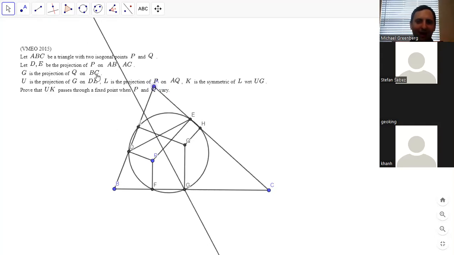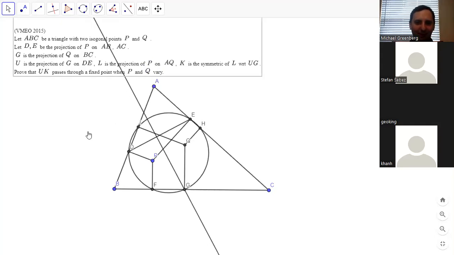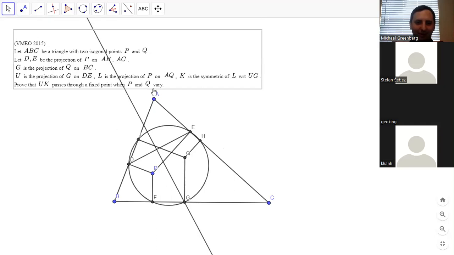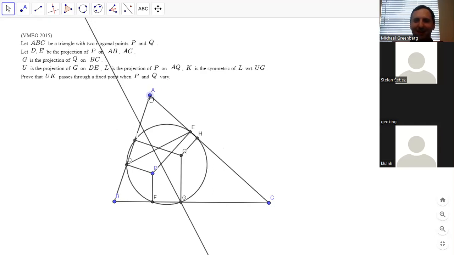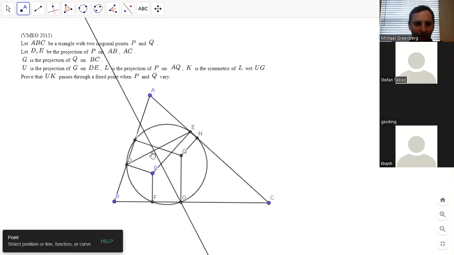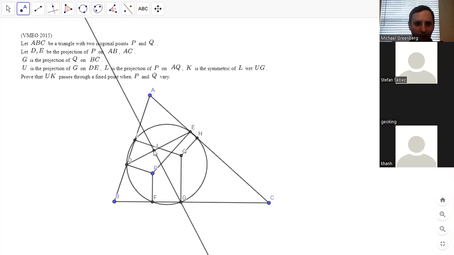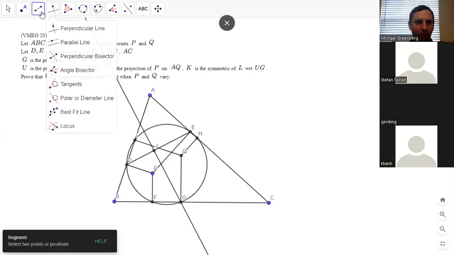Yeah, sorry. I have to move the points just to make the diagram look reasonable, I guess. Otherwise, it would. Sorry about that. Projection of G. Okay, so this will be U. And then we draw the projection of P onto AQ.